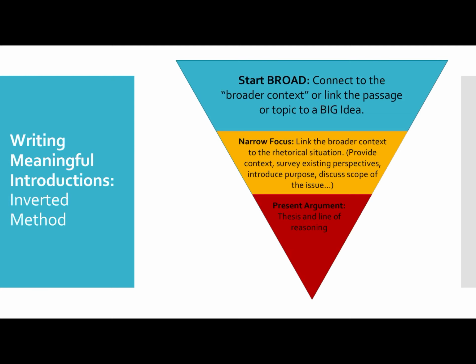It's just, like I said, that bridge that's created between this really big abstract idea and the argument that you're going to make. I'm saying narrowing your focus, but it's really just a careful transition into your argument, which is the red triangle, which is saying present your thesis and line of reasoning.